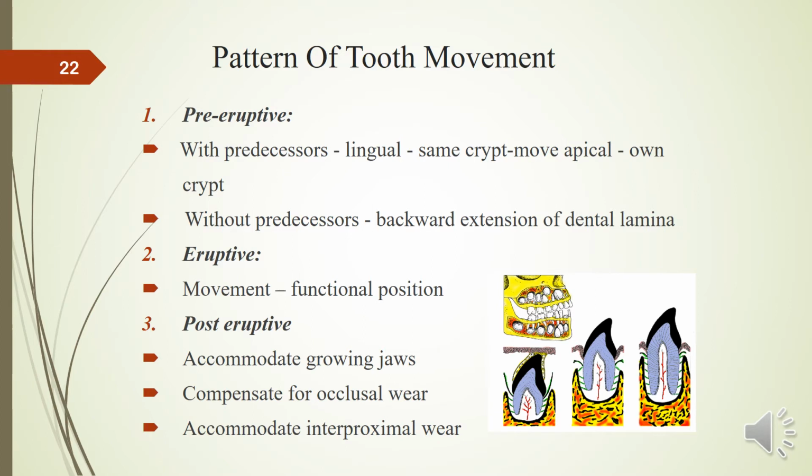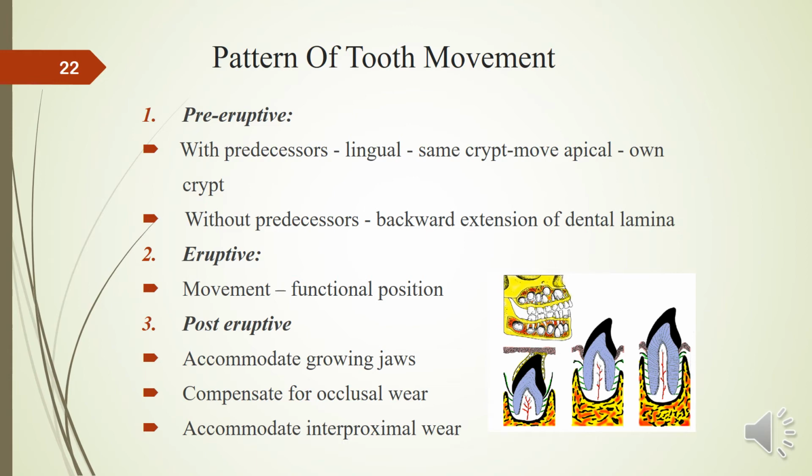In this line, I have tried to explain what we find in the pre-eruptive stage, what we find in the eruptive stage, and what we find in the post-eruptive stage. In the pre-eruptive stage, the predecessors, that is the permanent teeth, are lingual and they move apically in their own crypt. The most common example is your central incisor; I'm going to show you a picture a little later.